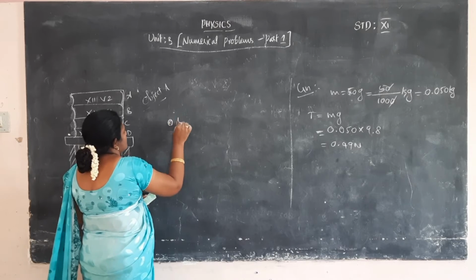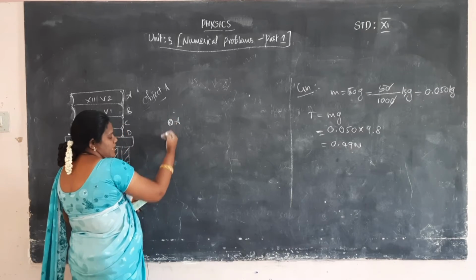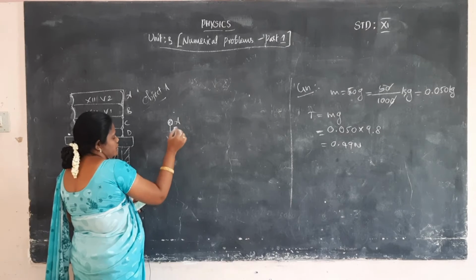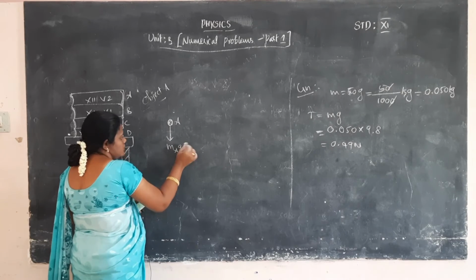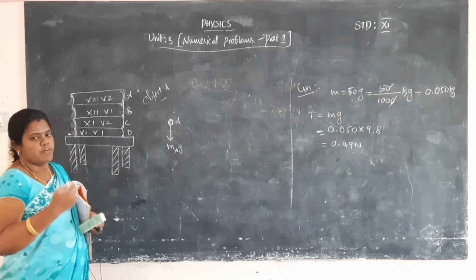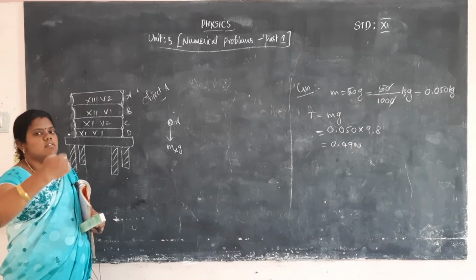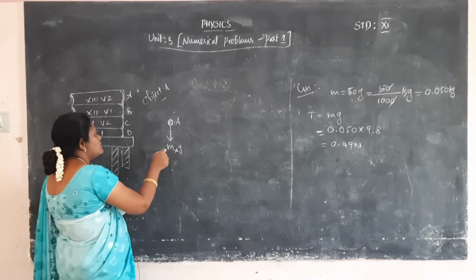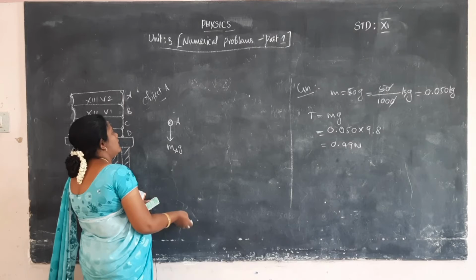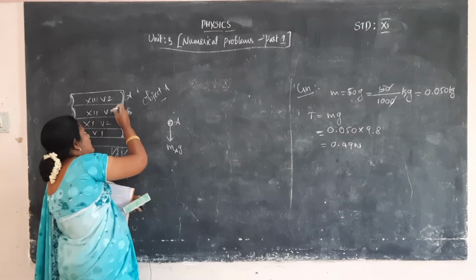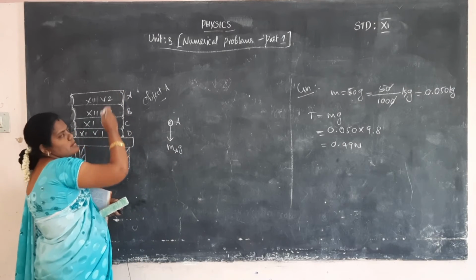The object gives a downward gravitational force, that is, the weight of the object, MAG, the mass of the object and the acceleration due to gravity g. Then the second object, B, gives an upward force on the first object.